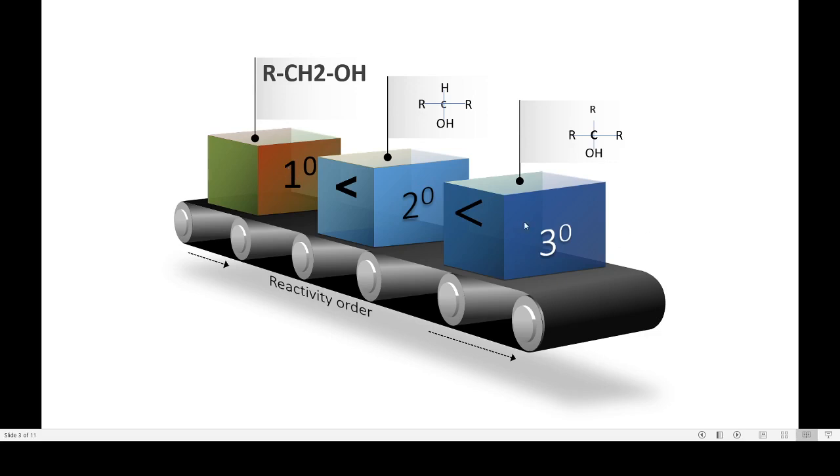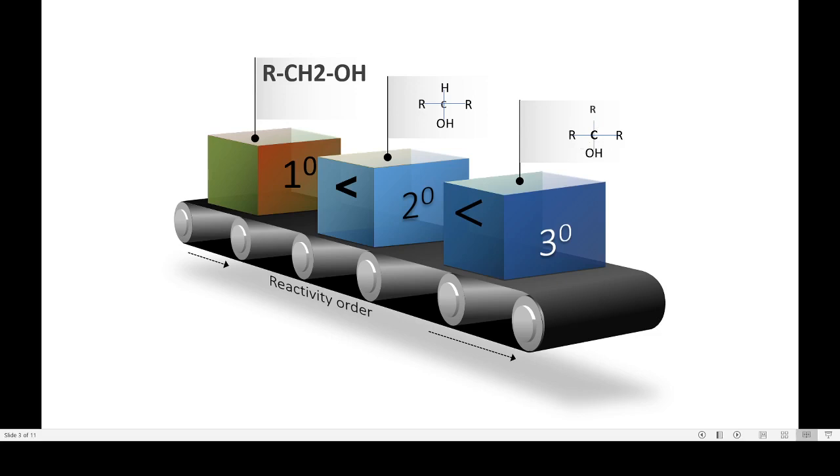Here, why is the tertiary alcohol more reactive than the secondary, and the secondary more reactive than the primary? Because in this structure, there are 3 alkyl groups that push the electrons towards the carbon. Hence, the carbon bears a positive charge after removal of OH.